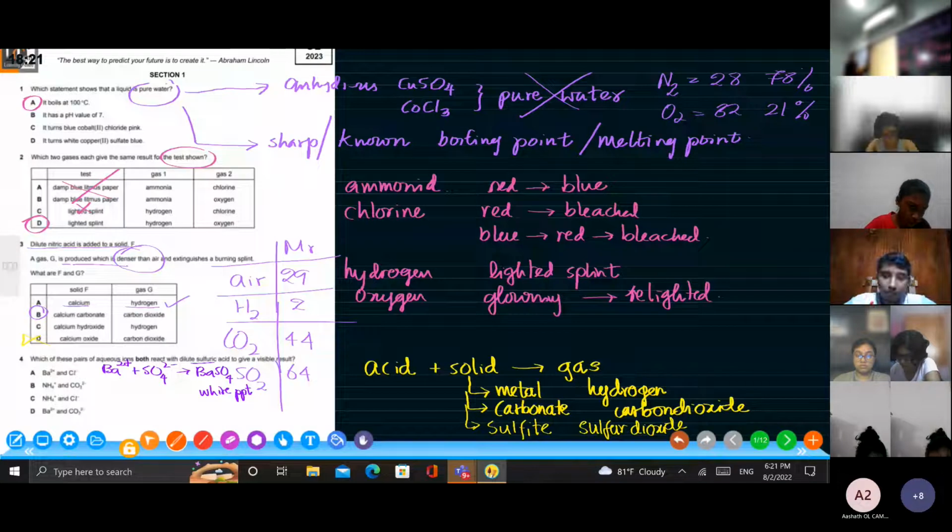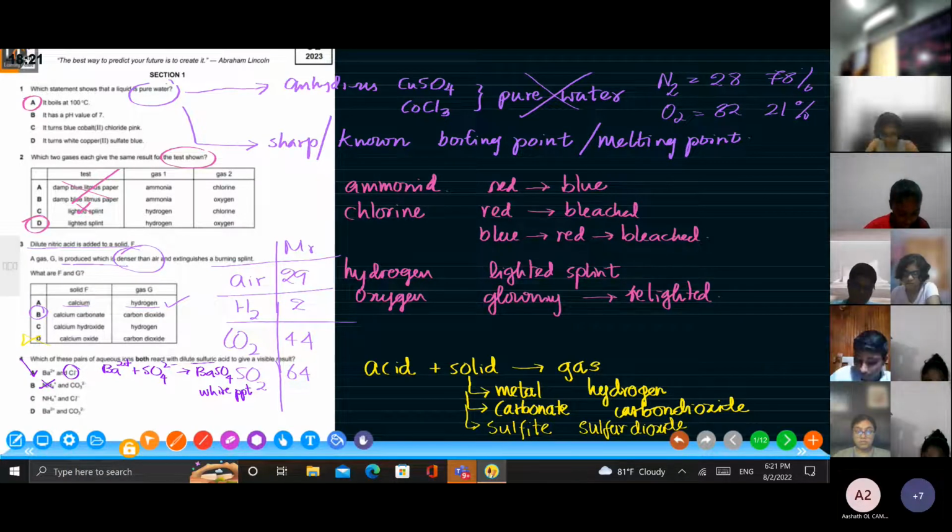Chloride ion has no connection with sulfuric acid. Ammonium ions are acidic, therefore they don't react with an acid. Remember, ammonia gas is basic, but its salt is acidic.